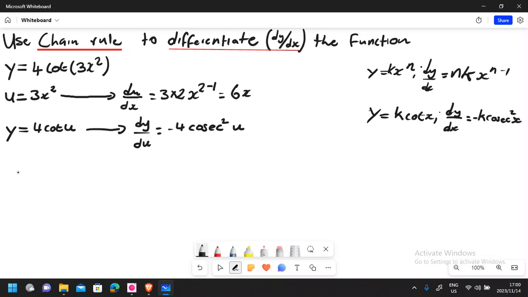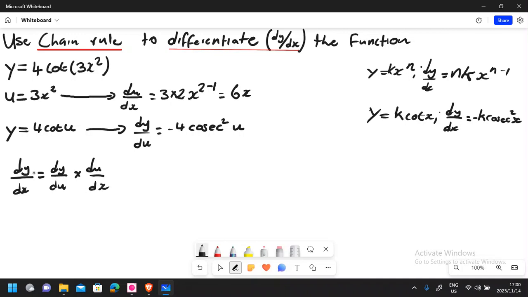Now it's time for us to use the chain rule formula. So the chain rule formula goes like this: dy over dx, remember this is the final derivative, is a multiplication of dy over du, and you multiply this derivative with du over dx.